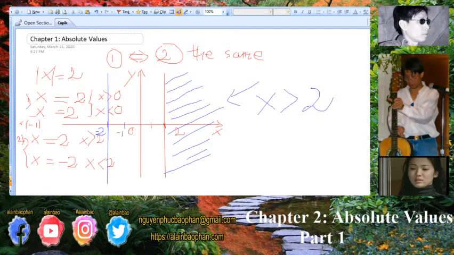Okay, but x equal minus 2 when x less than 0. Right? When x is less than 0, it's from here to here.